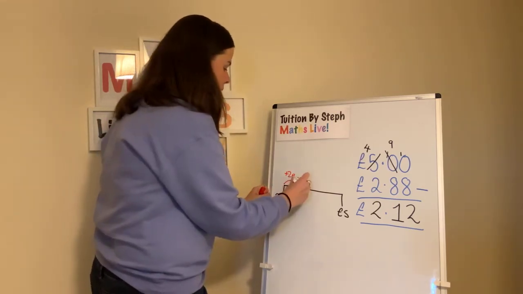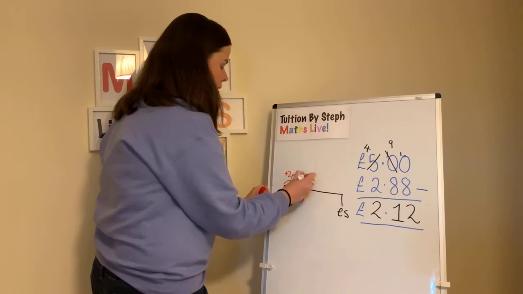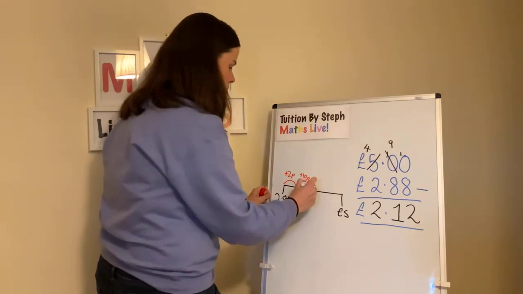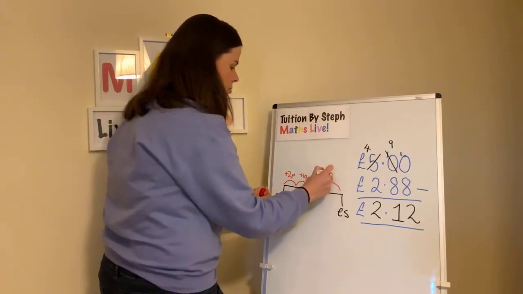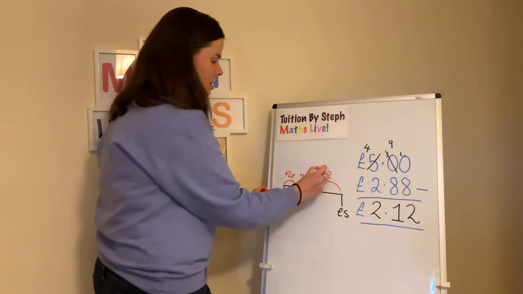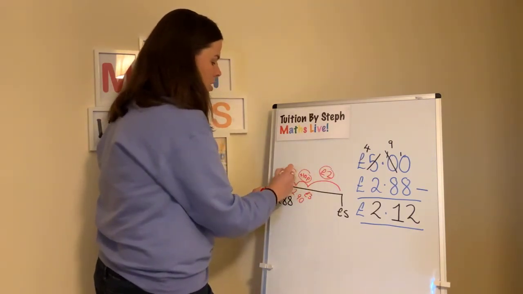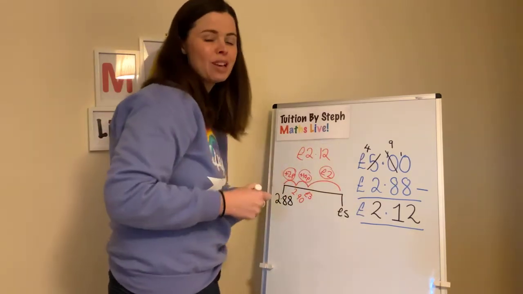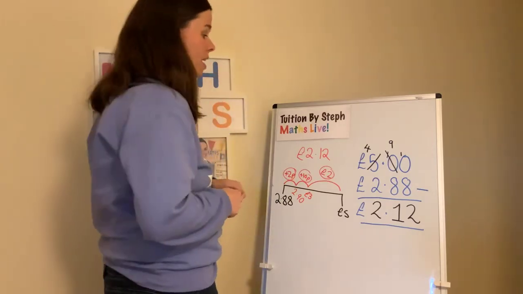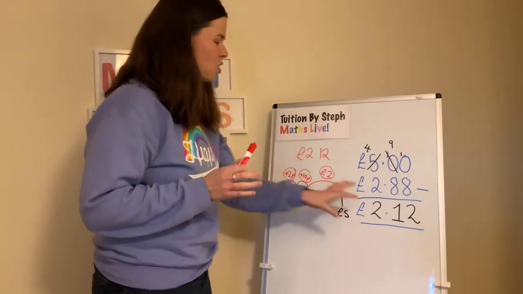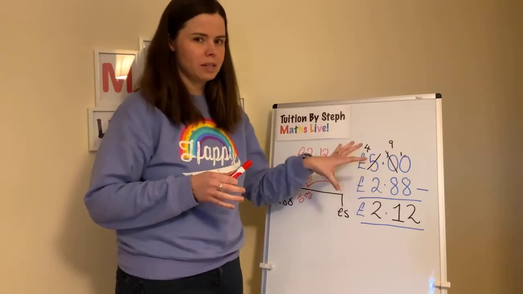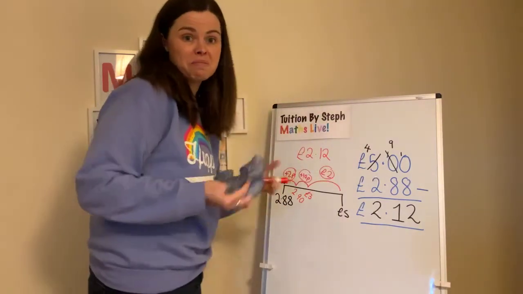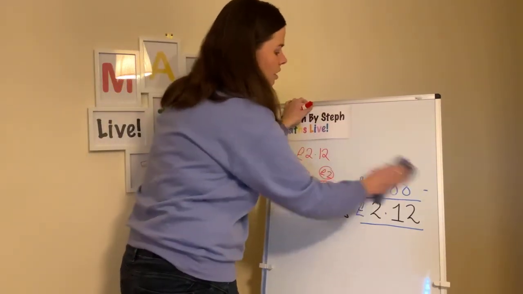If I add 10 pence to £2.90, that will get me to £3. And then what do I add to £3 to get me to £5? £2. So my answer is £2.10, £2.12. It's the same. So it would take about the same amount of time to write out as well. So if you're not quite sure, I know this is the formal method of writing it out, but this is helpful. Obviously, at the end of the day, you're just trying to get the most accurate answer.